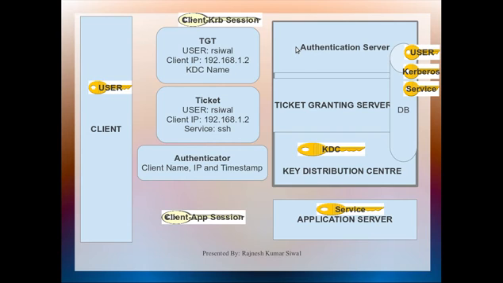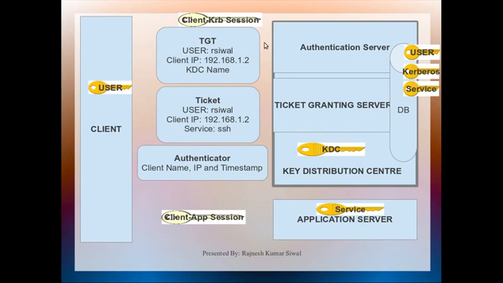Okay, so there should be some other key that will be used whenever the communication is happening between the authentication server and the user. So the key distribution center creates a session key. Here is the session key. It creates a session key and then sends the details to the client.